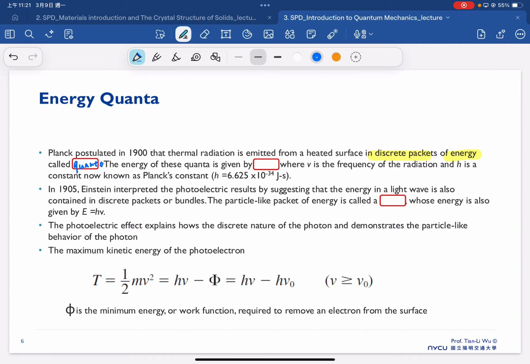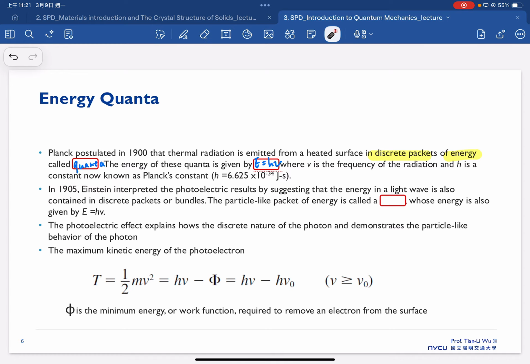The energy of this quantum is given by E equal to hν, where ν is the frequency of radiation, and h is a constant that we call Planck's constant.